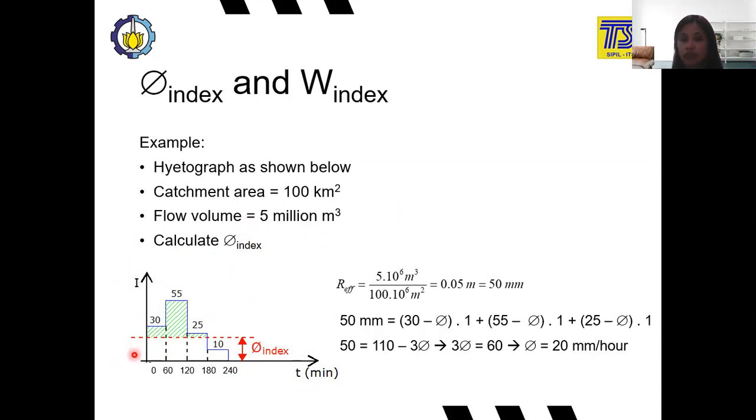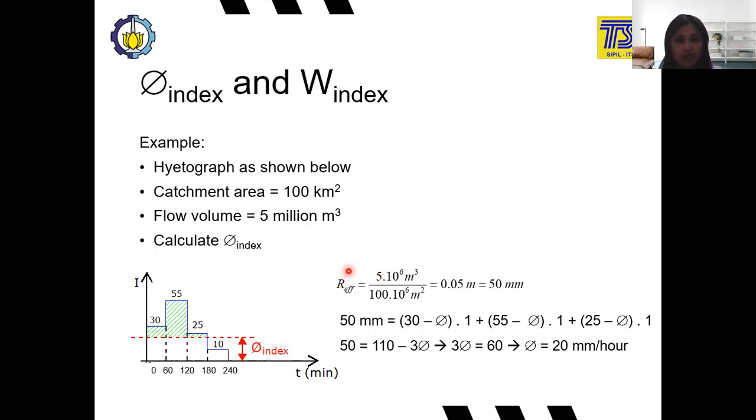We actually have to look for this line. And then we have to calculate how big the P index is so that we can draw this line. We can calculate it using this equation.